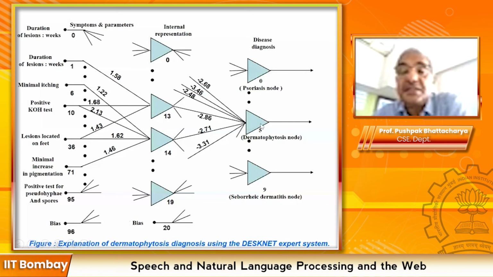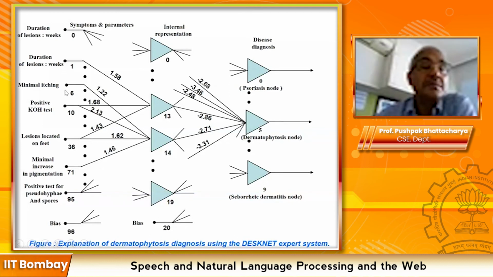So these are different diseases of the skin, and each neuron becoming 1 or 0 indicates that disease's presence or absence. There is a hidden layer which does internal representation, and the symptoms are presented in the input layer. So duration of the lesion, number of weeks, minimal itching, positive KOH test, lesions located in the feet, minimal increase in pigmentation, positive test for pseudo hyphae and spores, bias.